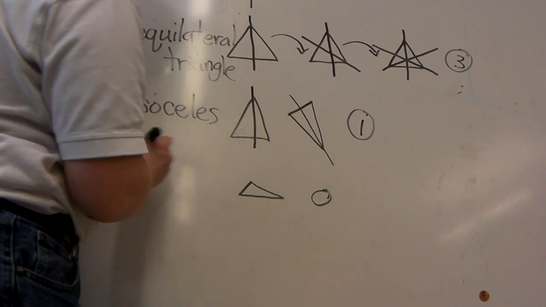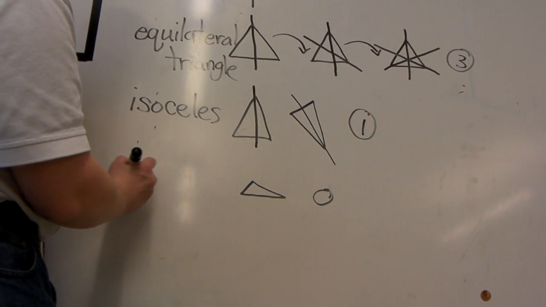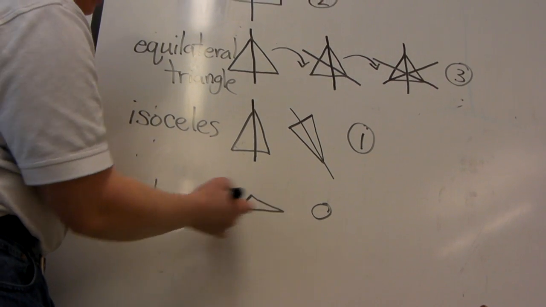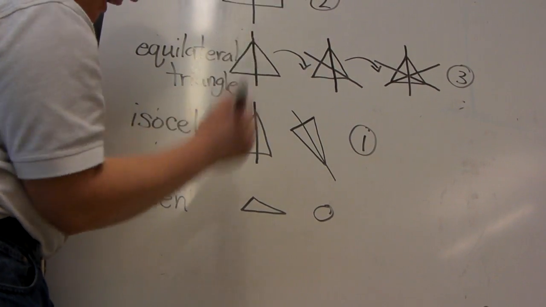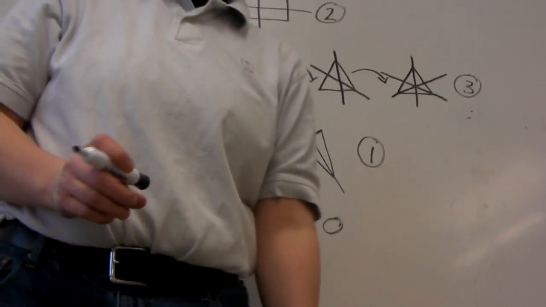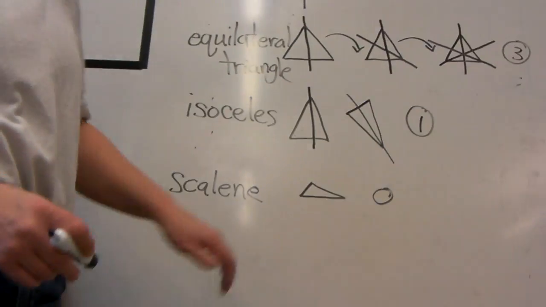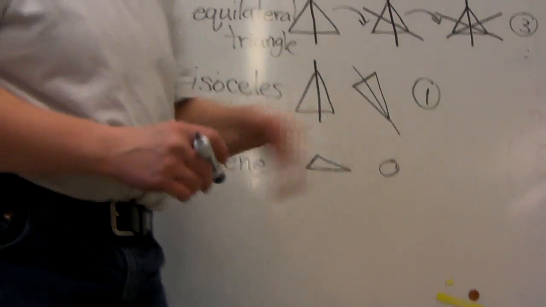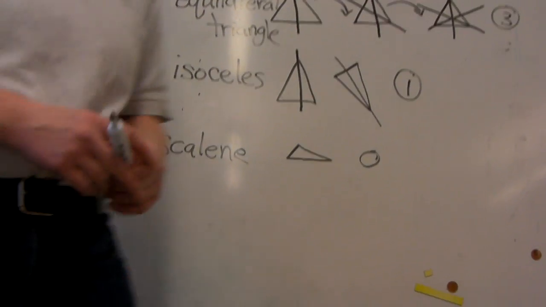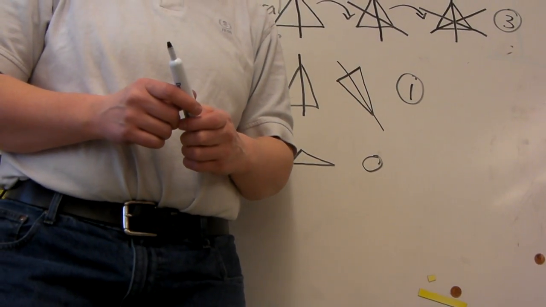There are 0 lines of symmetry in a scalene triangle, because there's no way that you can split that evenly, straight in half with a straight line. Lines of symmetry can't be zigzag or curved lines, not with what we're talking about. We're talking about just straight lines here. So different shapes have different lines of symmetry. Any questions about that?